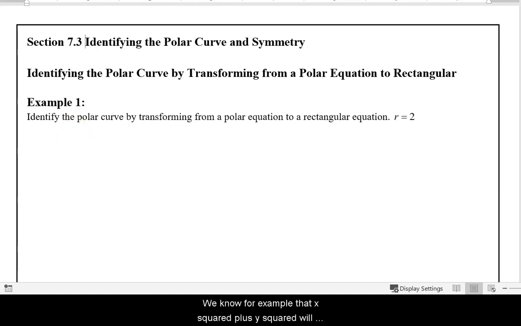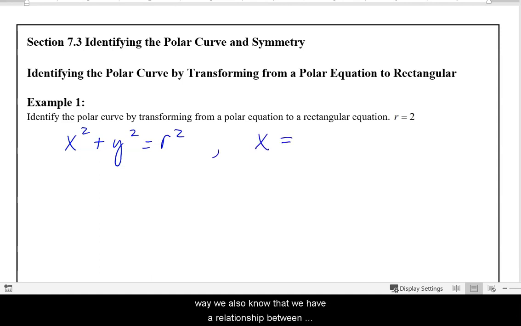We know, for example, that x squared plus y squared will give us r squared. This is from the Pythagorean theorem, but is also true because, of course, the polar axes are based on circles, and we can think of it in this way. We also know that x is equal to r times the cosine of theta.